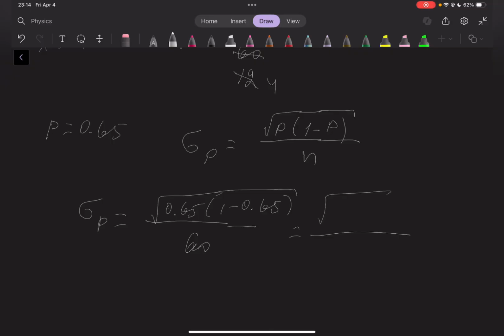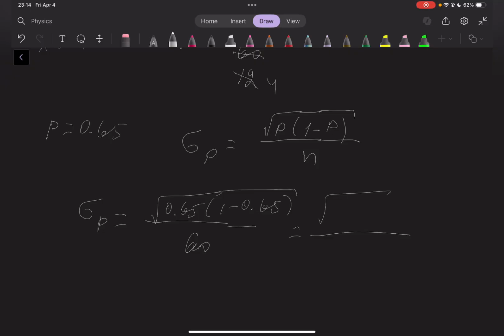Let me see, I can't get it, so take the square root of 0.2275. My calculator is not showing.